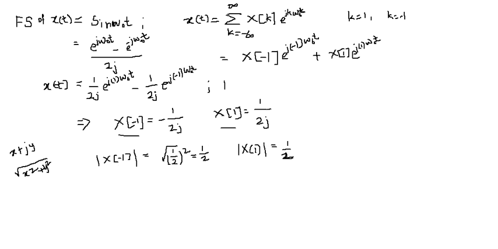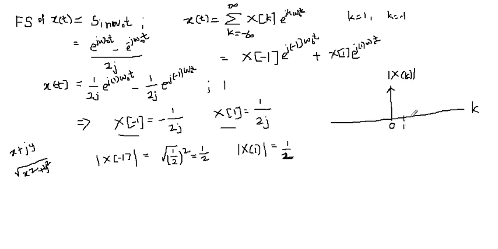So we need to plot the magnitude plot. Let's plot it in this way. It is our magnitude plot. The axis would be k, and let's represent 0, and the magnitude is represented in this way. It is magnitude of X of k. Now k can take different values, like plus 1s on this side.